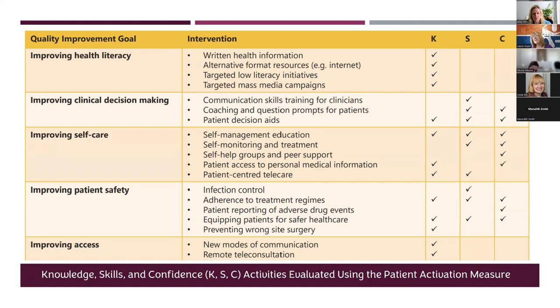And it's looking at knowledge, skills, and confidence, using a patient activation measure tool. You can see that there are a number of individual interventions listed in each category. And again, the patient activation measure is able to identify and improve skills in a number of different areas.